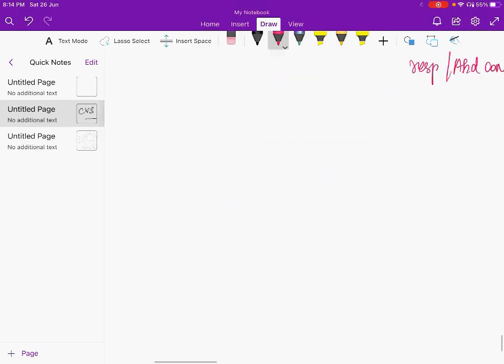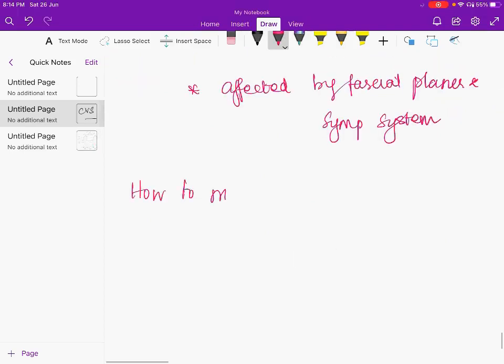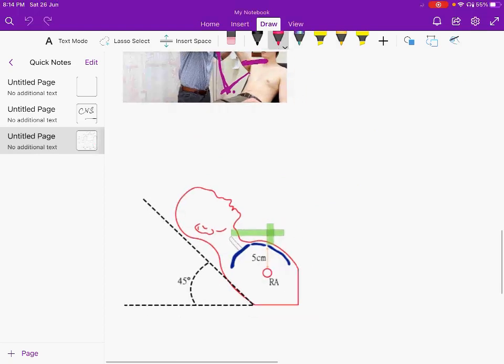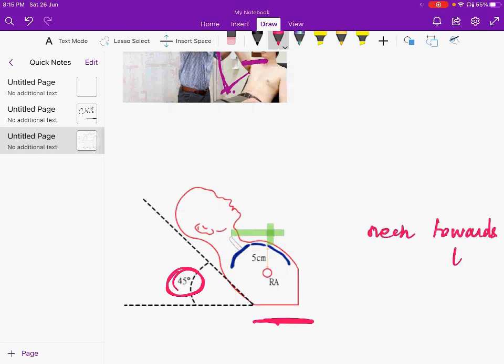So next, how to measure your JVP. I'll show you an image of how to measure JVP. This is how you'll measure JVP. Make the patient comfortable and lie in a 45-degree position, with the head raised at 45 degrees.